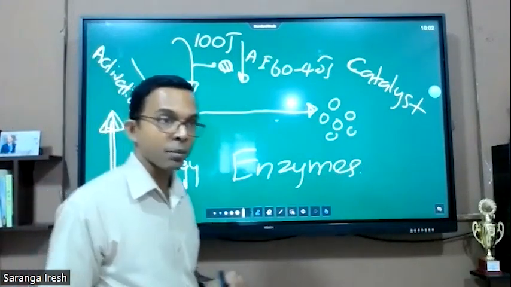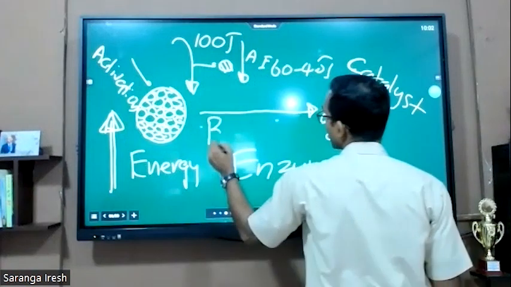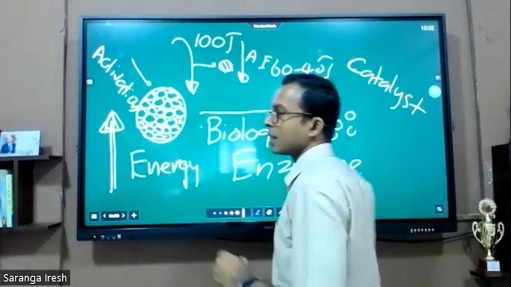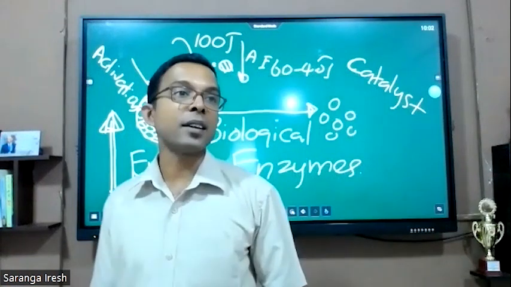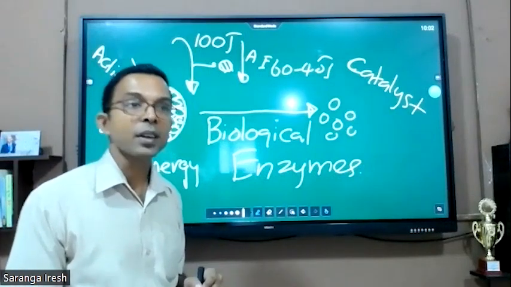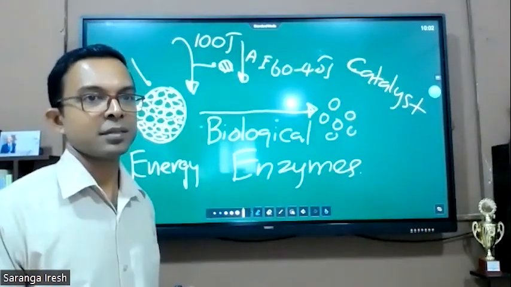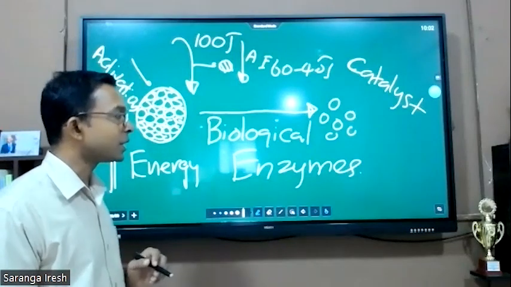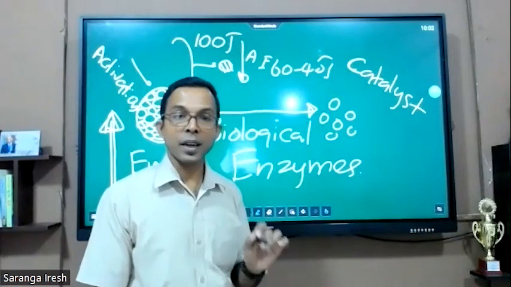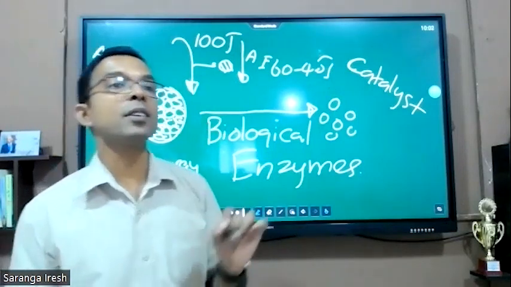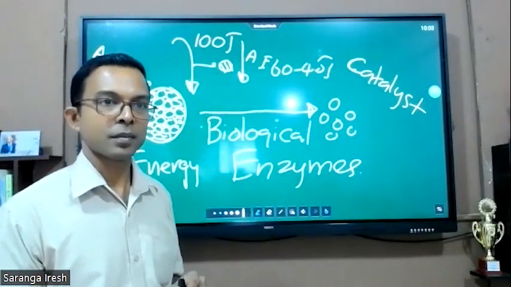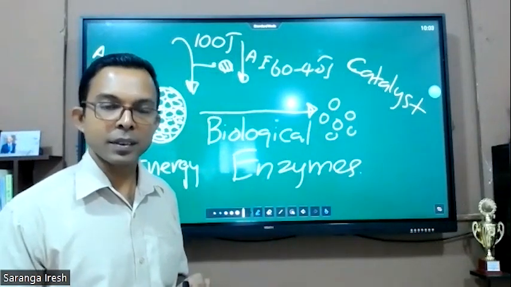Therefore, enzymes are named biological catalysts, which reduce the activation energy of a biochemical reaction. Enzymes. Understood?